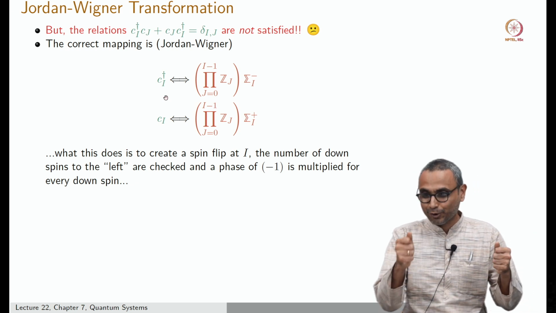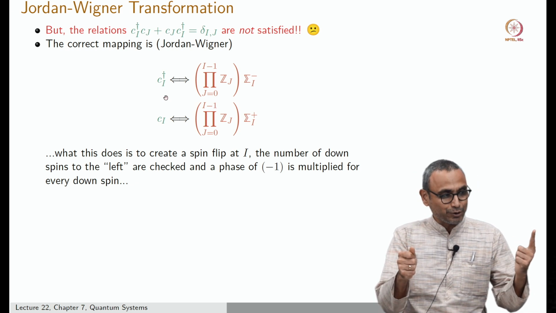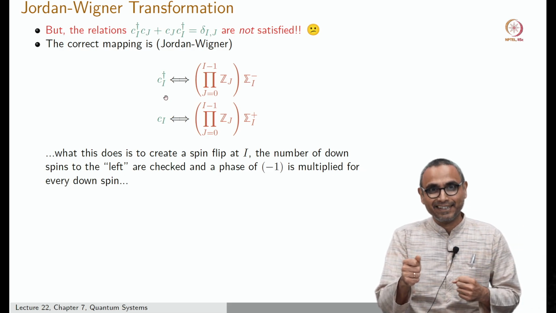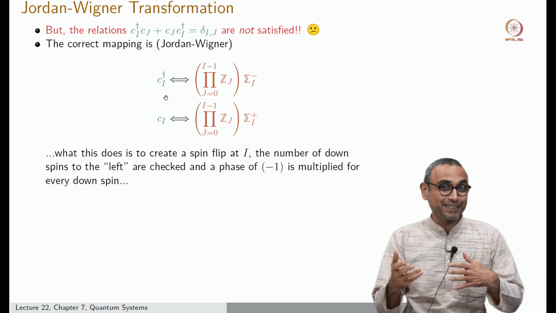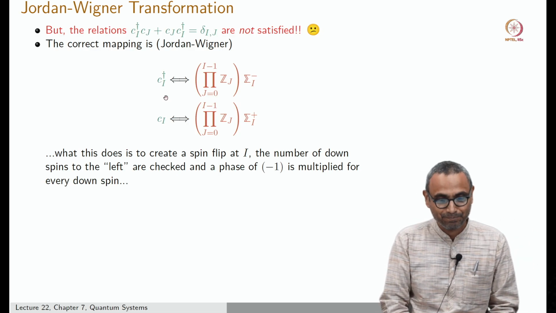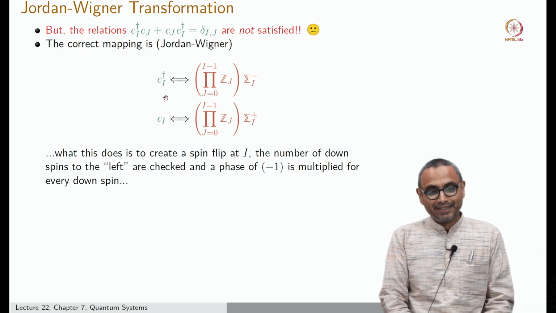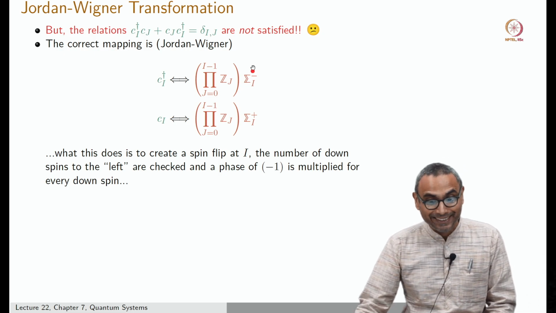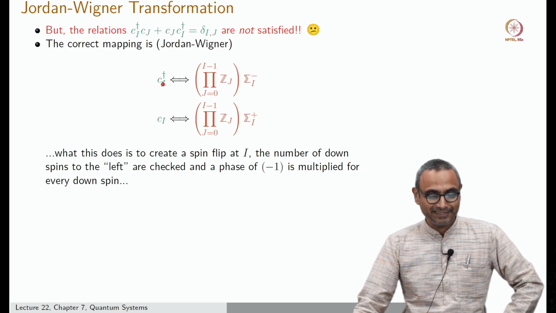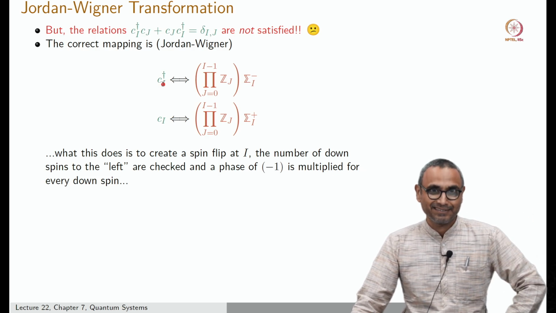If I am going to create a fermion at site i, I should check how many fermions are there to the left of site i and multiply by a suitable sign so that the anti-commutation relationship is satisfied. How do we do that using qubits? The fermions will automatically do that because that is inbuilt in their algebra.